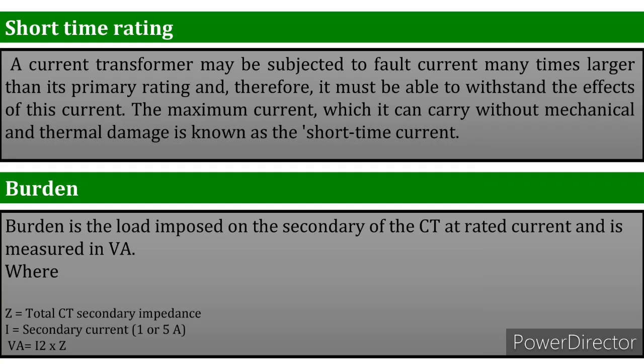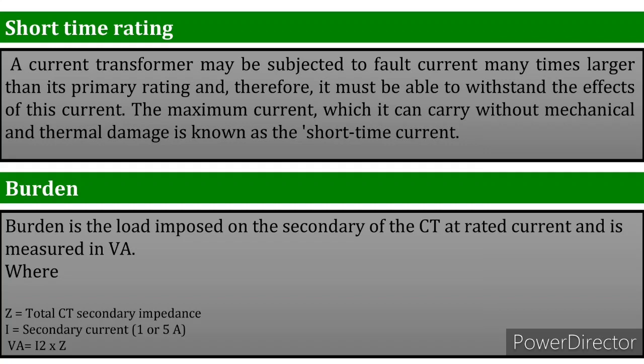One is short-term rating. Basically, the current transformer may be subjected to fault current many times larger than its primary rating, and therefore it must be able to withstand the effect of this current.